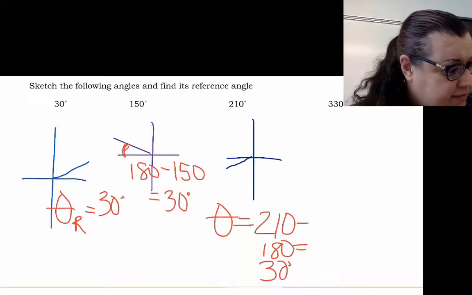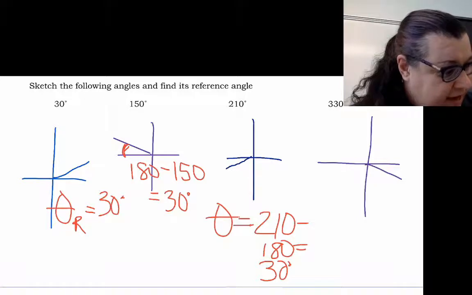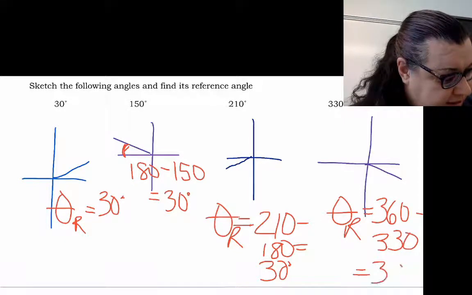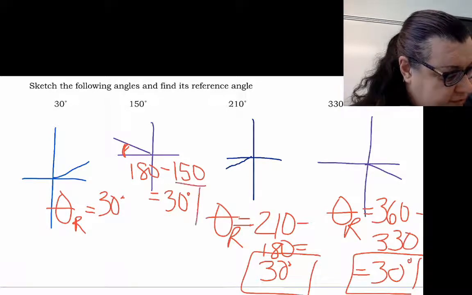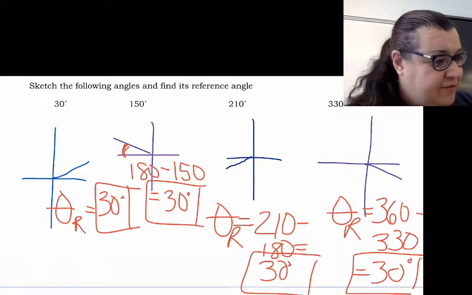And lastly, of course, 330 would be over here. How do you find your reference angle? 360 minus 330, which would get us 30 degrees. So just the reverse of the question we did previously. Okay?